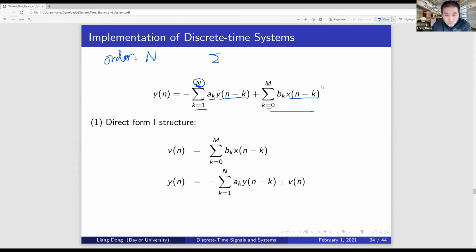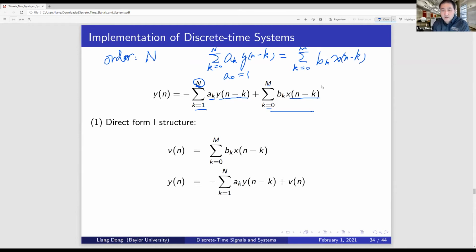So the sum of a sub k, y[n minus k], with k starting from 0 to N, and by default we set a0 is 1, is equal to the sum of everything on the right, the input x. So k from 0 to M, b sub k, x[n minus k].